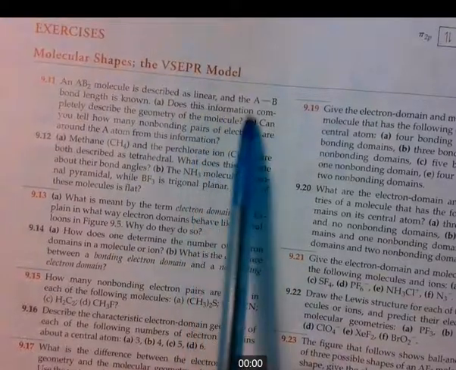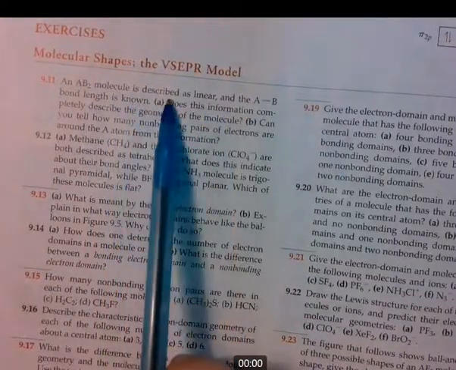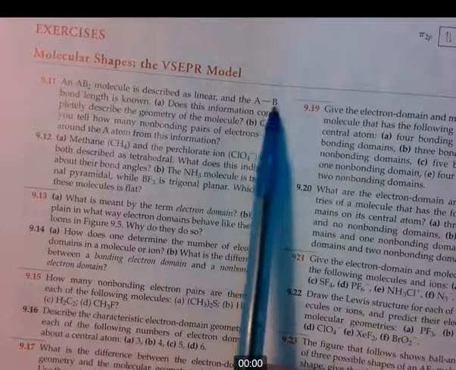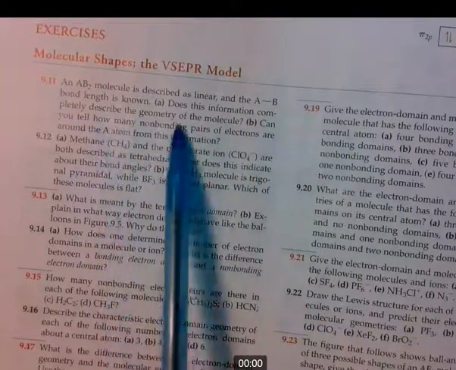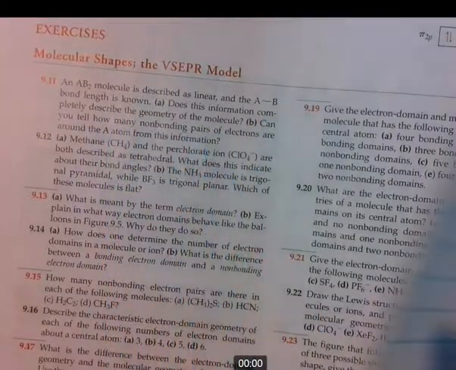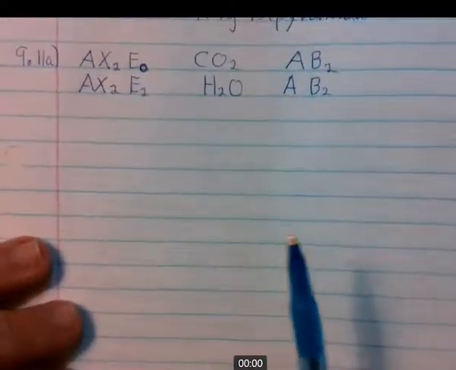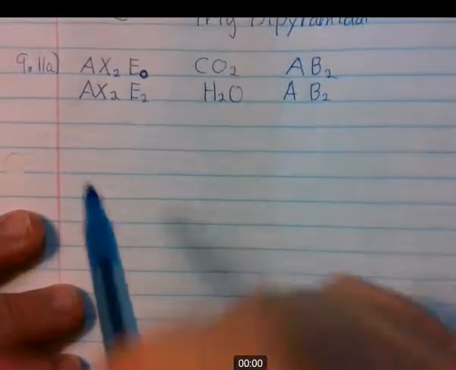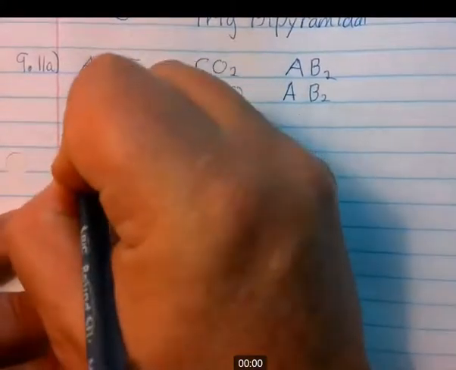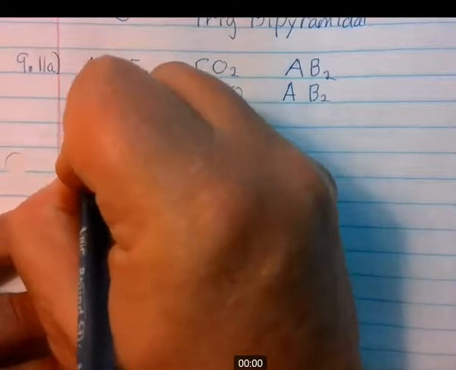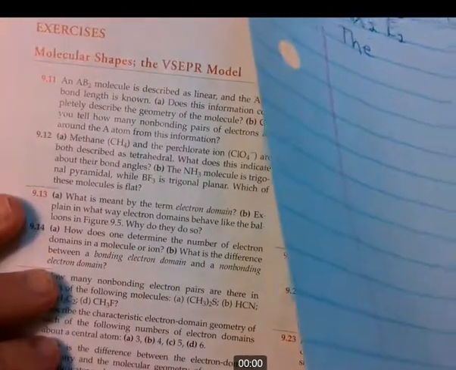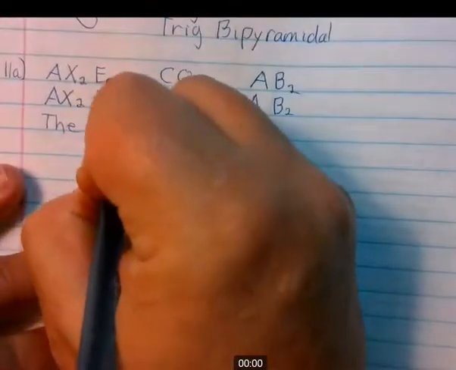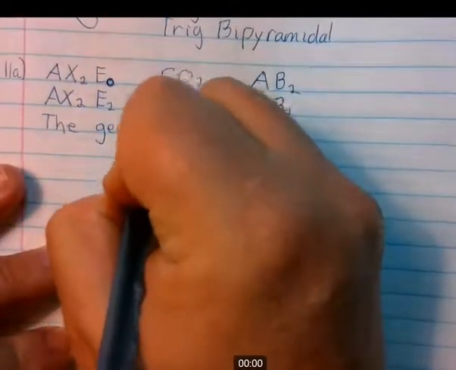So question is, does this information, it said the AB molecule is described as linear and the AB bond length is known. Does this information completely describe the geometry of the molecule? I'm not sure this answer is in your notes. It is in the book, but I'll write this out as a complete answer. That is the geometry of a molecule. So let's just learn it right here.